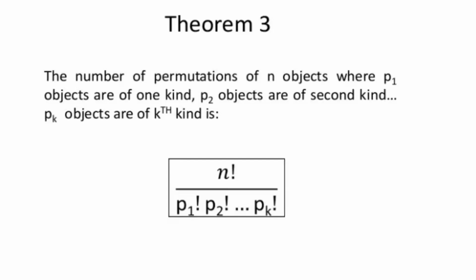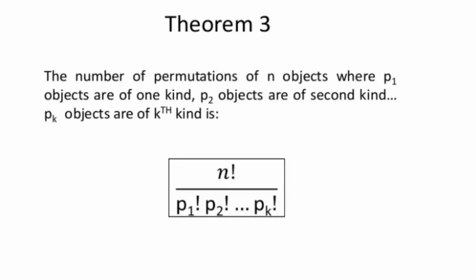You're arranging books on a shelf. When you go to the UG library, they've got some identical books, right? They might have copies of a book we use, Calculus with Analytic Geometry. They have about 10 copies in there. So you have identical objects within this whole set. How do you deal with those?